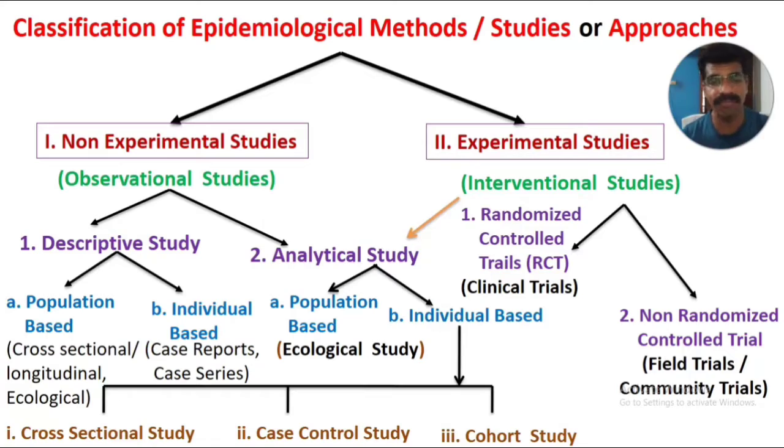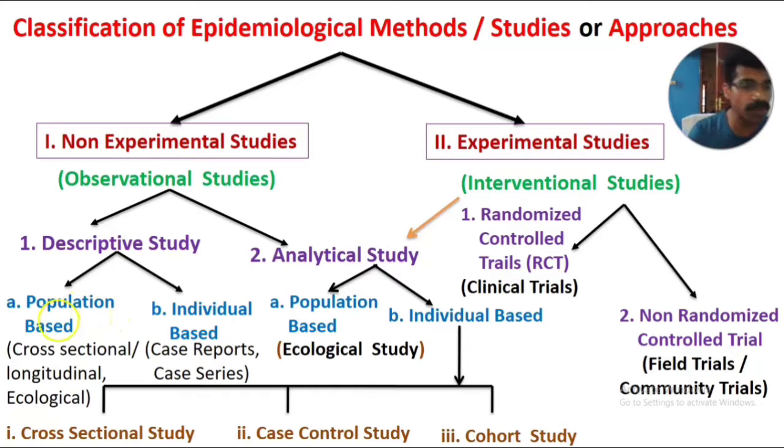What is the relation between cause and effect, exposure and outcome? That we analyze in the analytical study. So analytical study means we analyze the differences or the relationship between the cause and outcome of a disease.